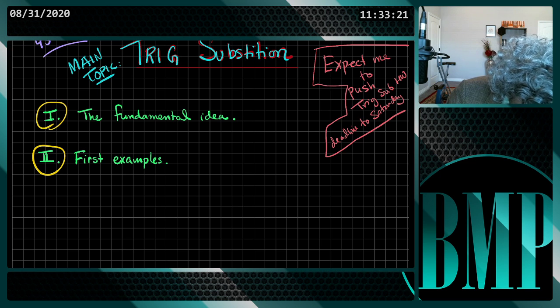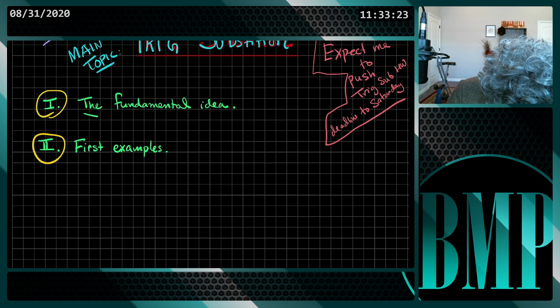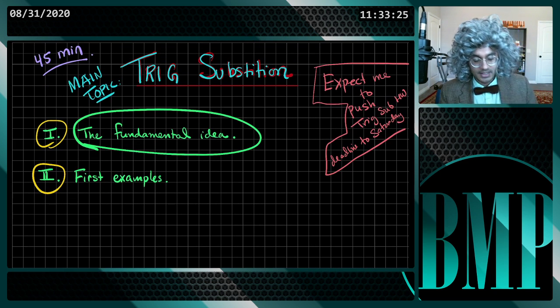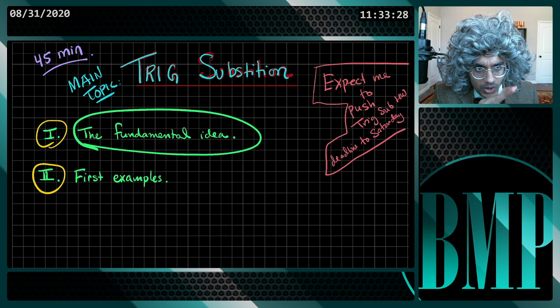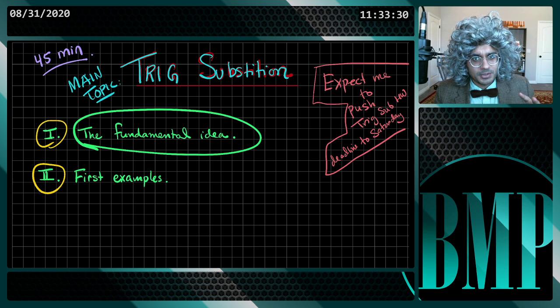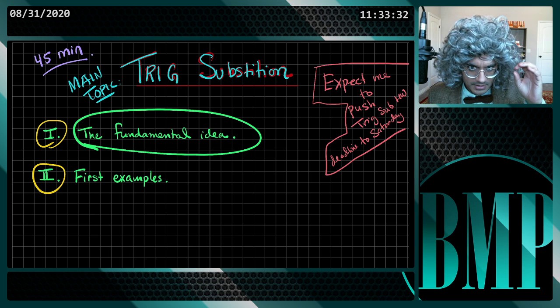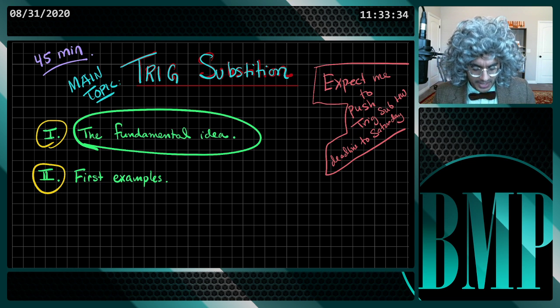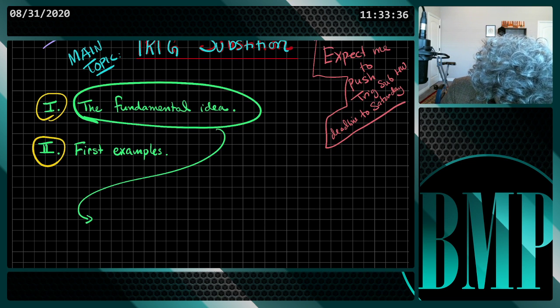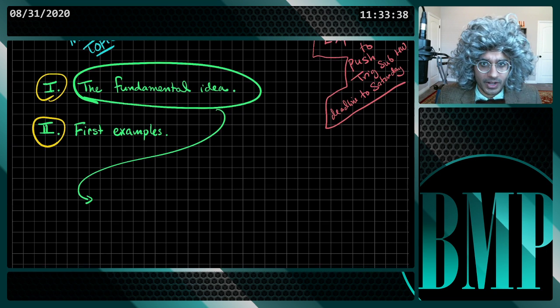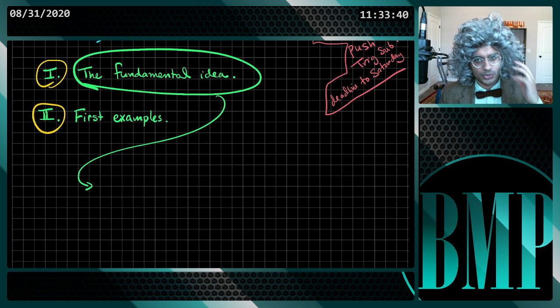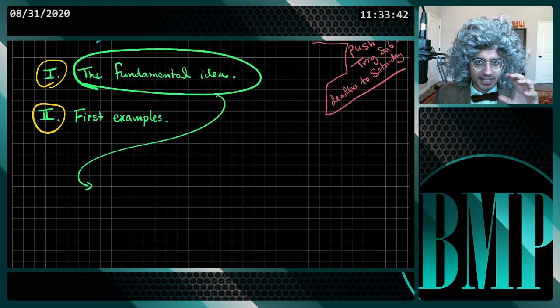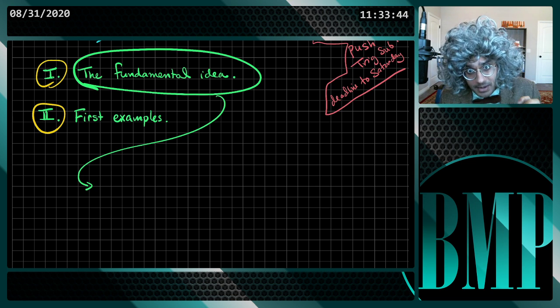Okay, so the fundamental idea. Ready? I need to tell you the fundamental idea underlying every trig substitution usage. Ideas are fun to talk about, so we're going to talk about that first, so you understand the name of the game.